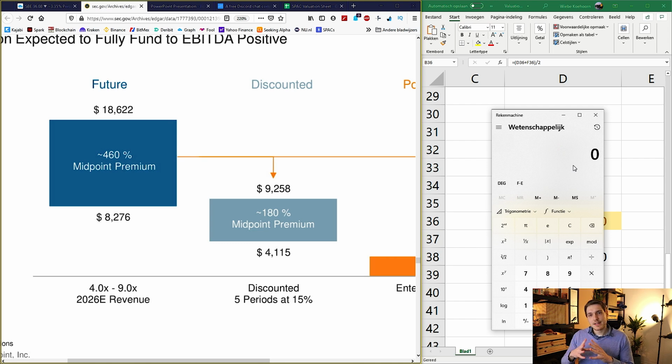So let's first take a look at the low valuation. We said that the company, ChargePoint, is going to have in 2026 a low valuation of $8.276 billion.